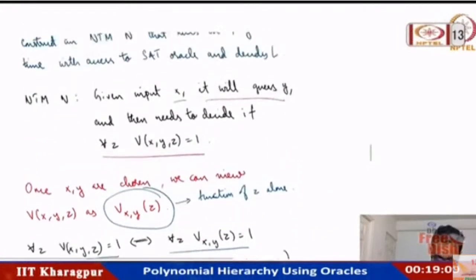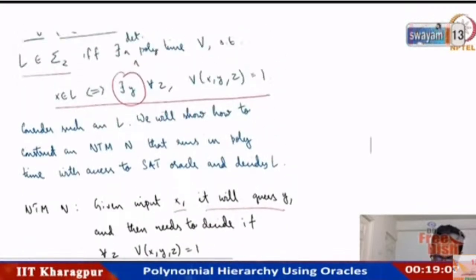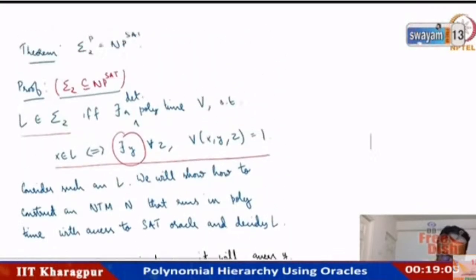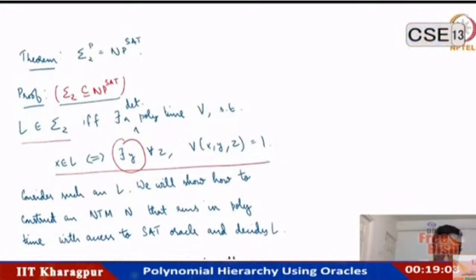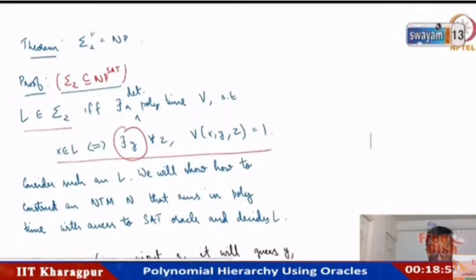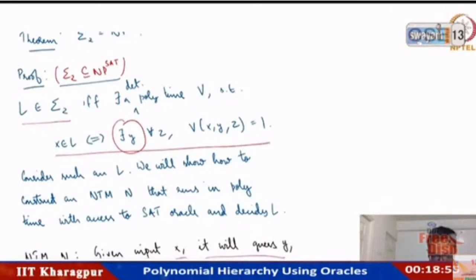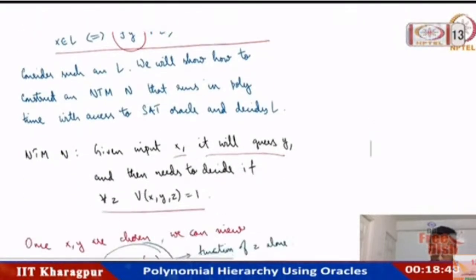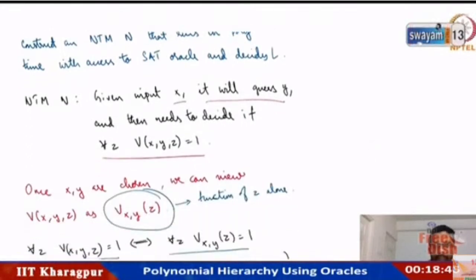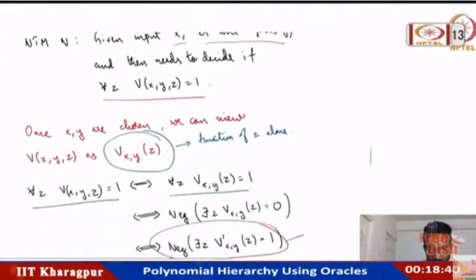So just once again, given a language in sigma 2, we need to see how it is in NP with access to a SAT oracle. Sigma 2 means it can be written in this form with the polynomial time verifier V: there exists y such that for all z, V(x,y,z) equals 1. Then the NP machine N can guess y, and it needs to decide for all z whether V(x,y,z) equals 1.